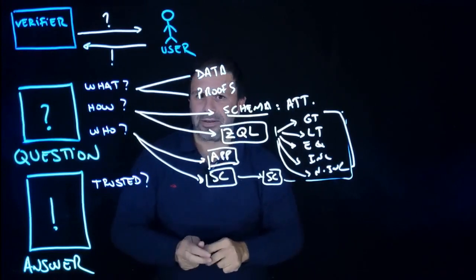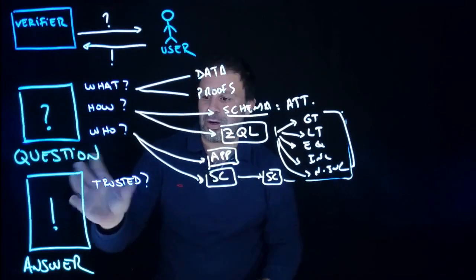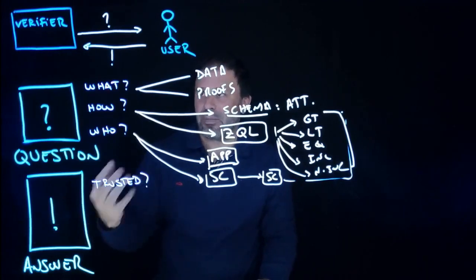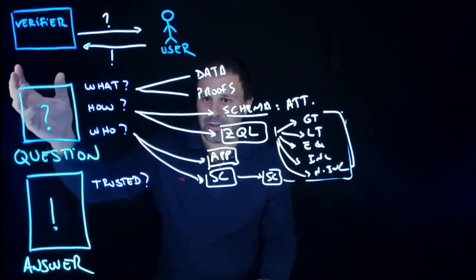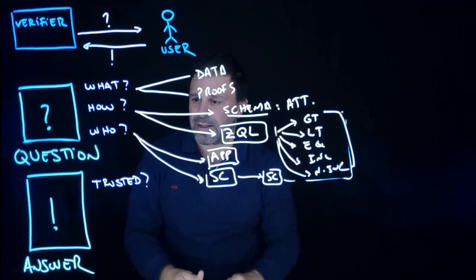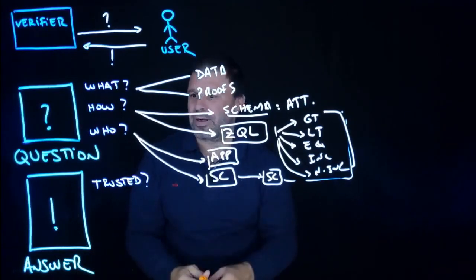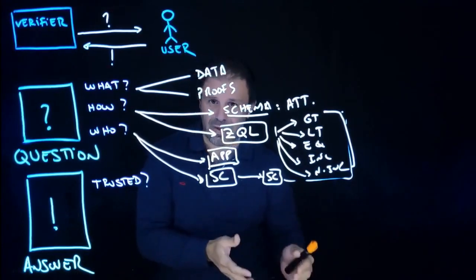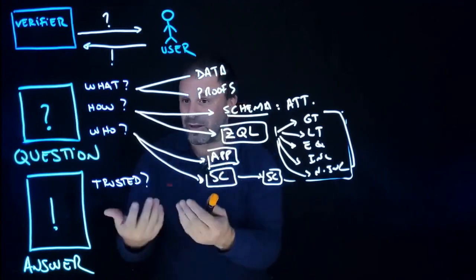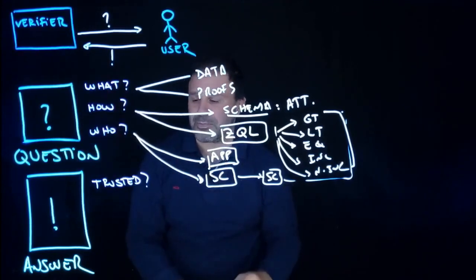Now, once we have the answer from the user, we need to trust that answer. We need to provide the elements to the verifier so he can trust that the answer is right, and that all the actors that participated in the issuance of that credential and the presentation of that credential to the verifier can be trusted.